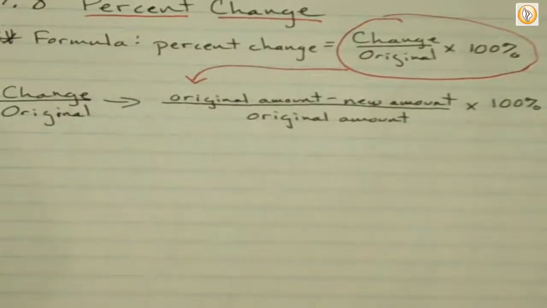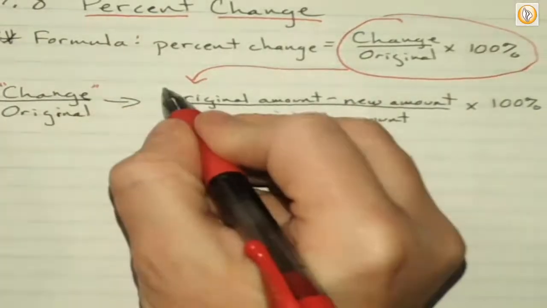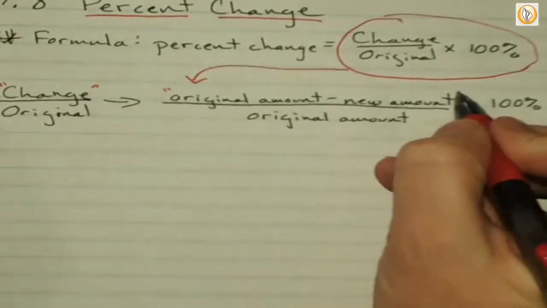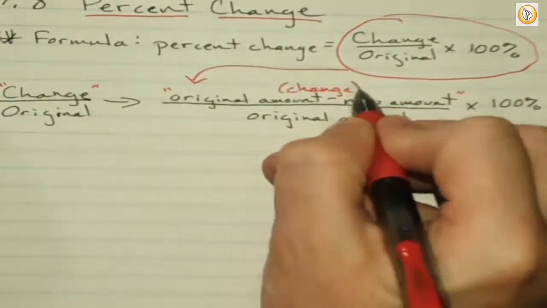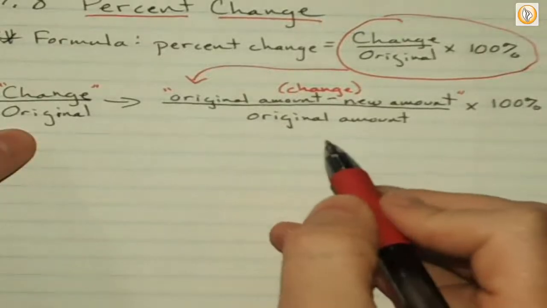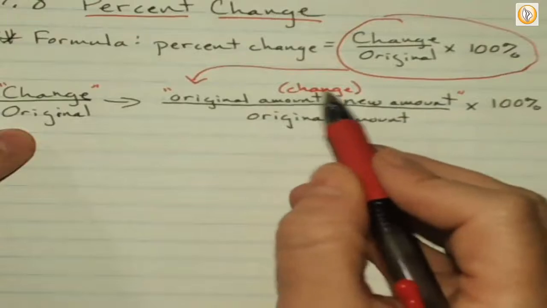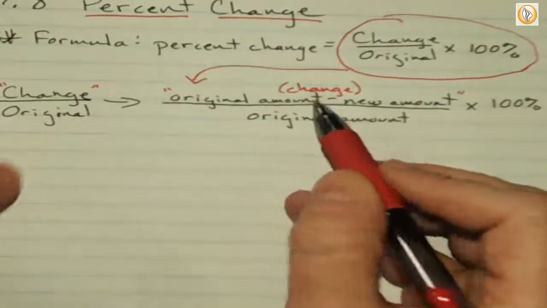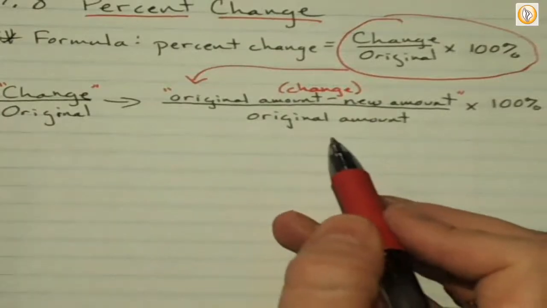But to explain what change means, it is the original amount minus the new amount. That equals your change. So over original. And I'm going to explain that. So original amount minus new amount is what gives you the change. Change really meaning the difference, over original amount.